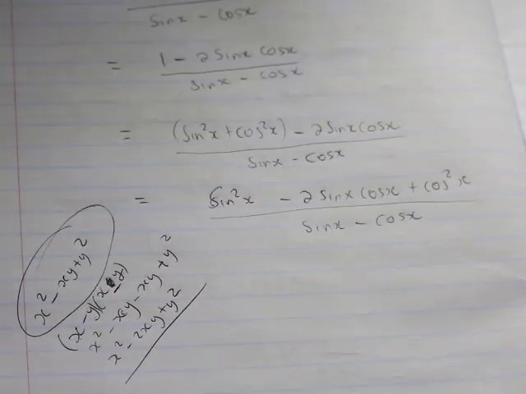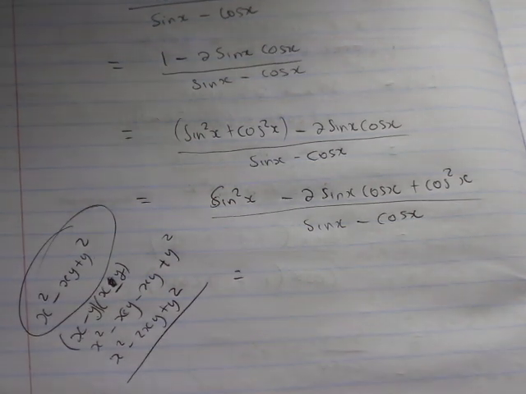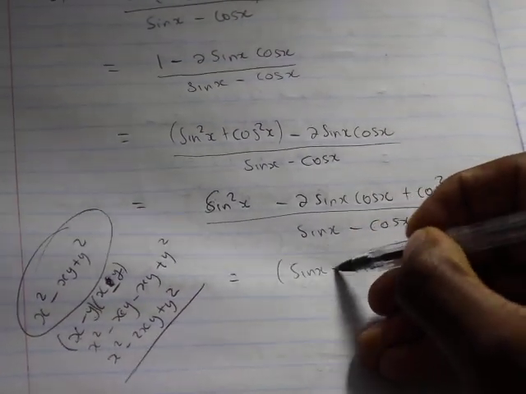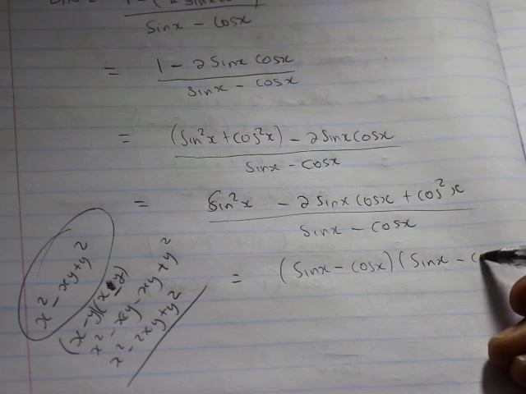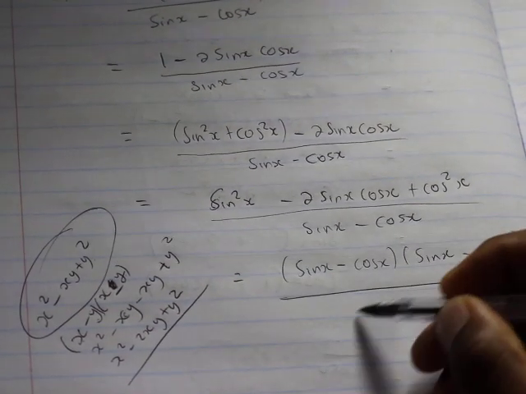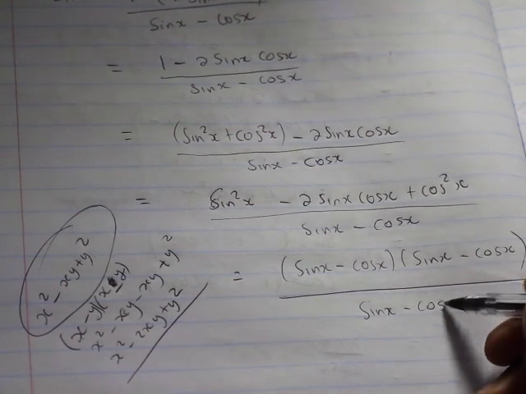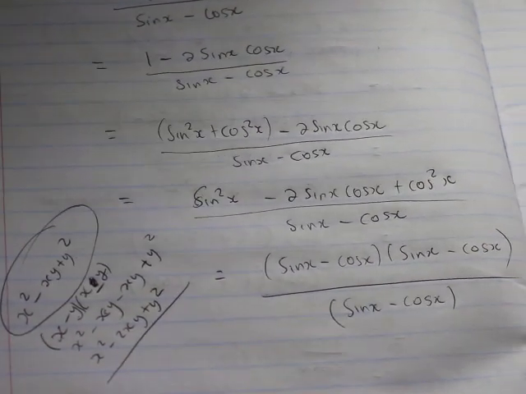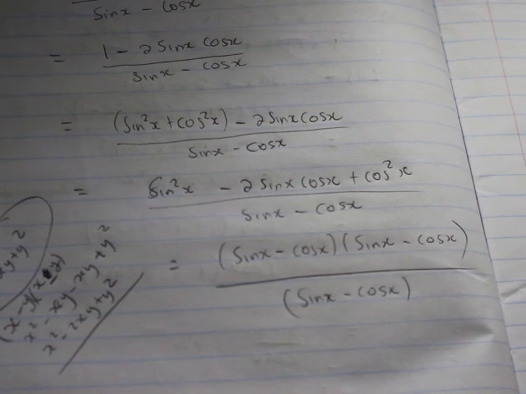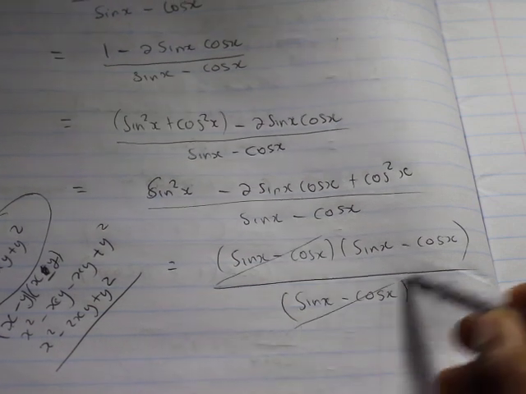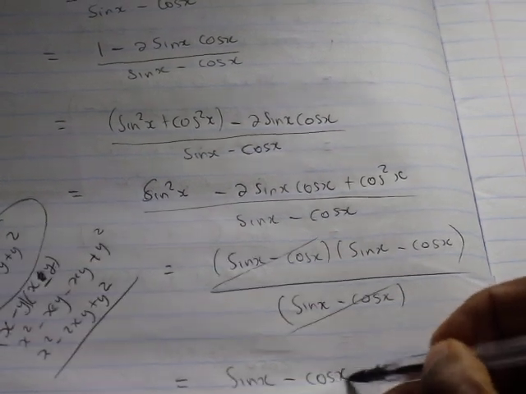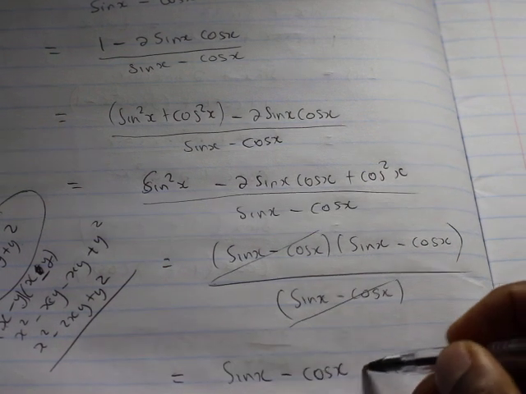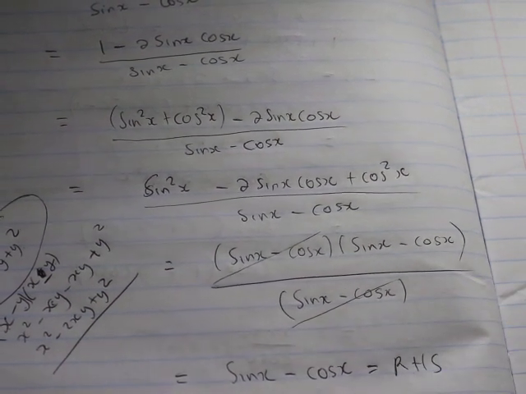So this becomes sine x minus cos x, sine x minus cos x, divided by sine x minus cos x. Now there's something common there. This cancels with that. So we're left with sine x minus cos x, and this is equal to the right hand side, isn't it? I believe so. So the problem is done.